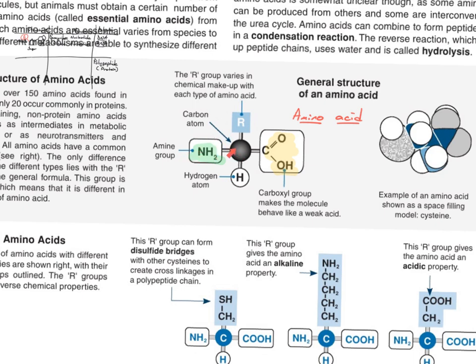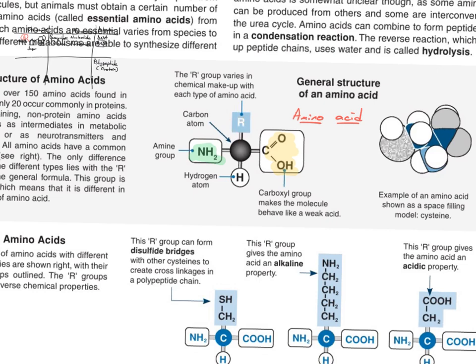Here is carbon in the center. So see how small it is? It's pretty small. But there's a weird little thing that says R. This is not an element. This is a variable. You know, like X and Y are variables in math. R is a variable here.